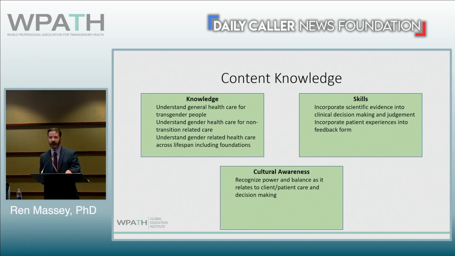But we need to have a lot of knowledge about gender health care, but also about general health care for trans folks. Like, if you have a prostate, you still need prostate exams. If you have a uterus, you still need to have a pap smear, particularly if you have penetrative sex.